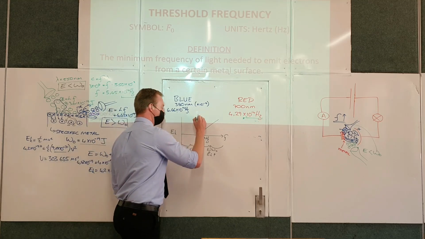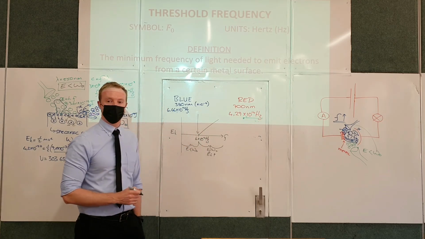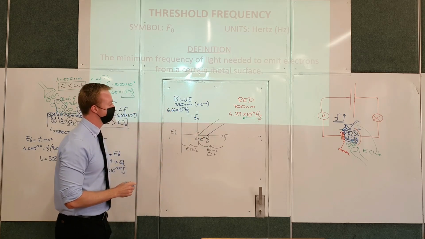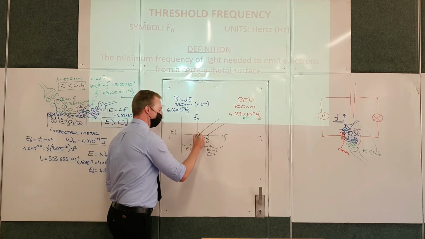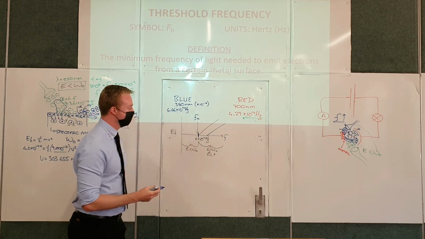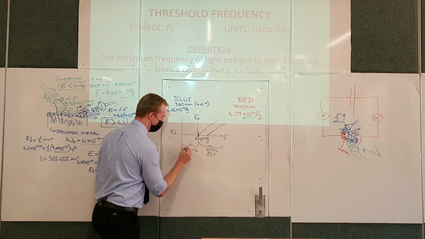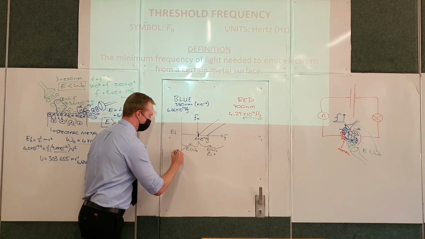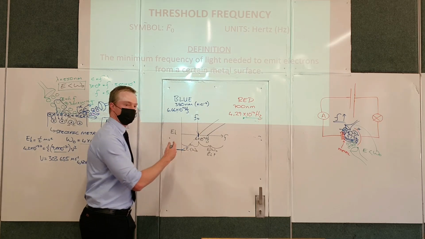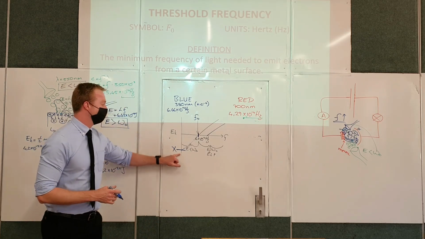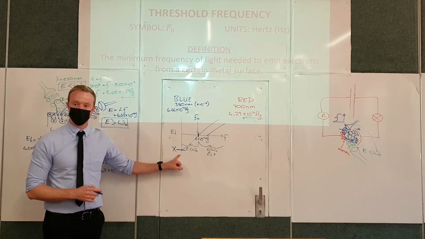Which means that this point over here, our x-intercept, is our threshold frequency. What often happens is you are asked, or they draw a dotted line to this point on the graph and label it X or C or something like that. At which point they say, what is this value here? Right?